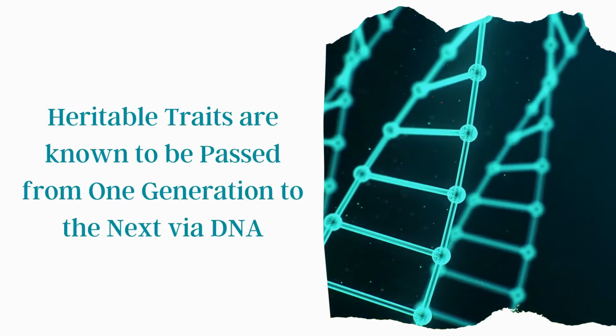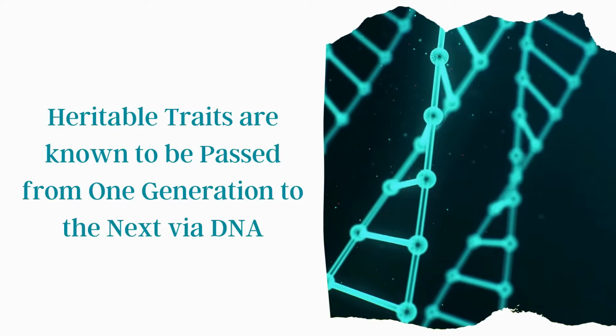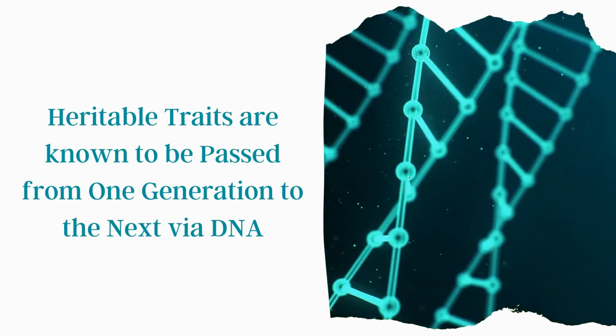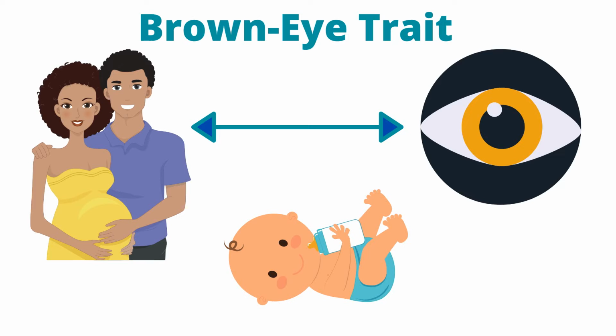Heritable traits are known to be passed from one generation to the next via DNA, a molecule that encodes genetic information. When we talk about humans, eye color is an example of an inherited characteristic. An individual might inherit the brown eye trait from one of the parents.